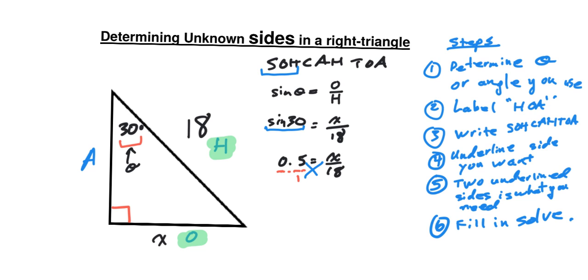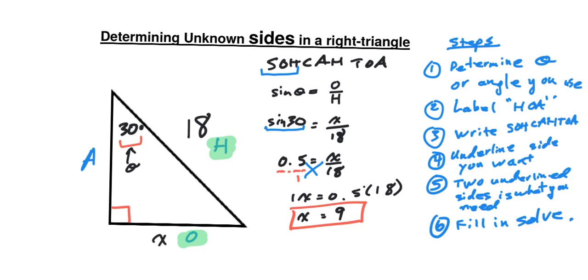So now I have 1x is equal to 0.5 times 18. And that gives us 9, and 1x is just x. So there is our answer.